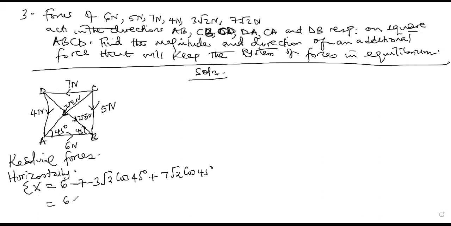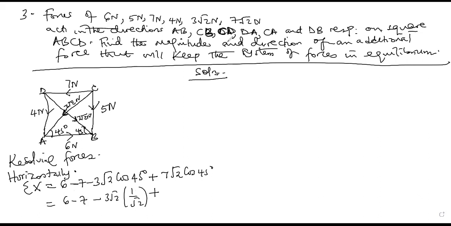This will be 6 minus 7, then minus 3 root 2 times 1 over root 2, because cos 45 is 1 over root 2. If you don't know these values, put it on the calculator and get the answers.